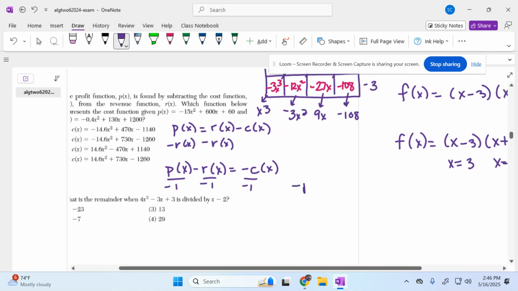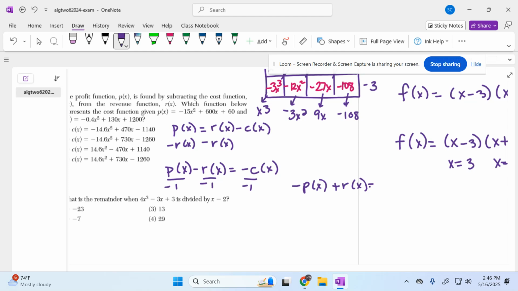So we're going to have negative P of x plus r of x equals C of x. I don't like the way that looks, so I'm going to rewrite it as C of x equals r of x minus P of x, right? We'll just swap those. Now I have what I'm looking for as what's equal, so whatever I get from my algebra here works.